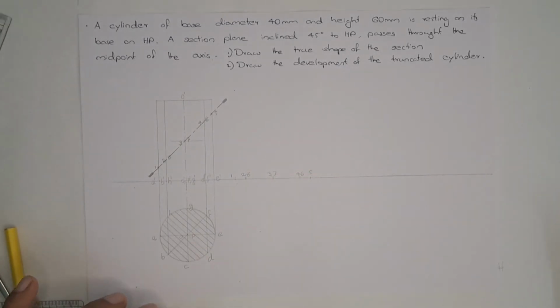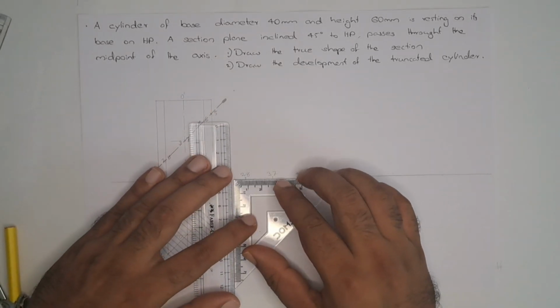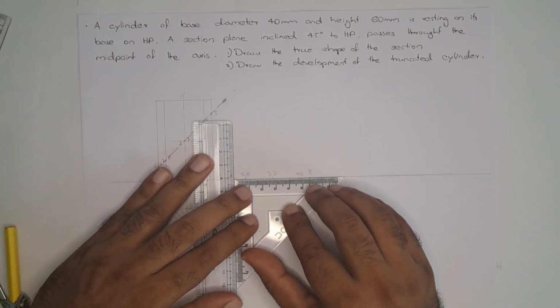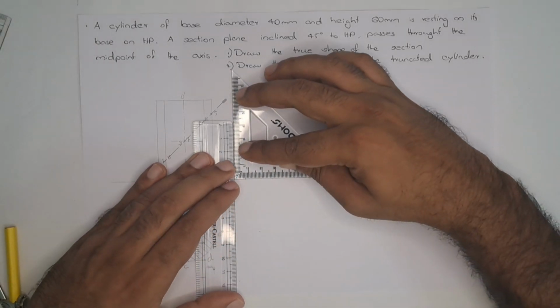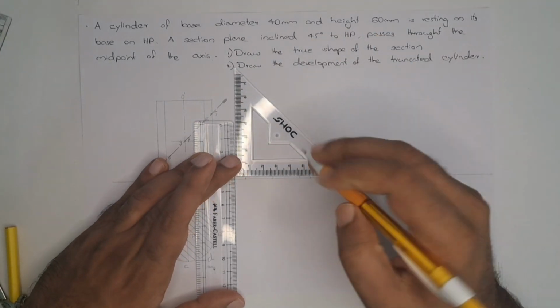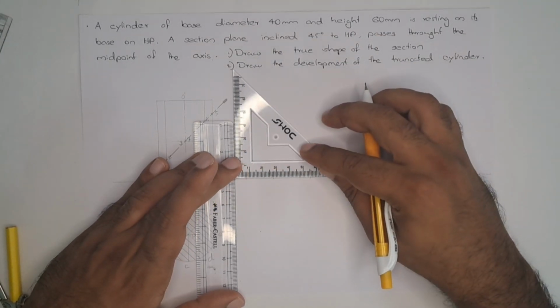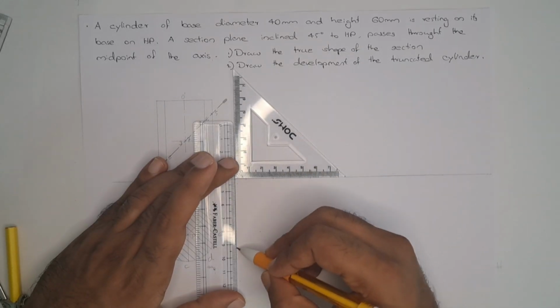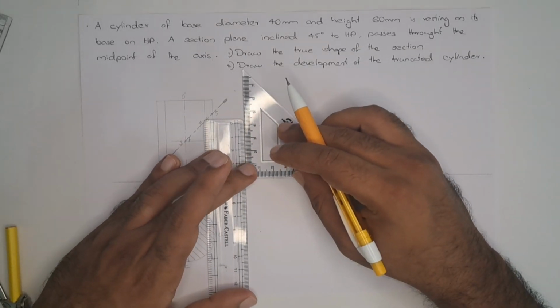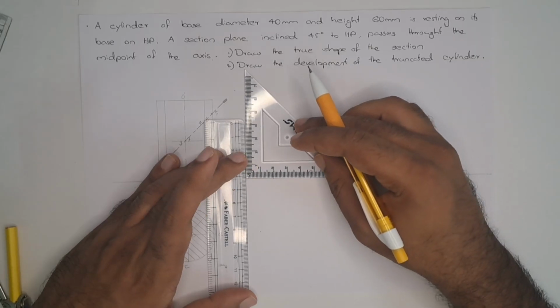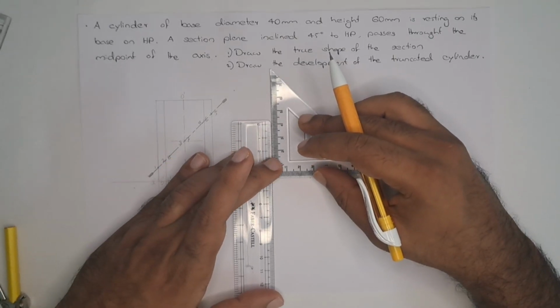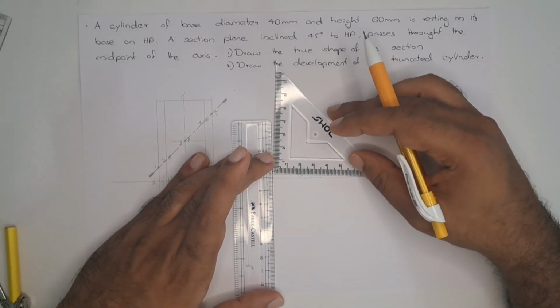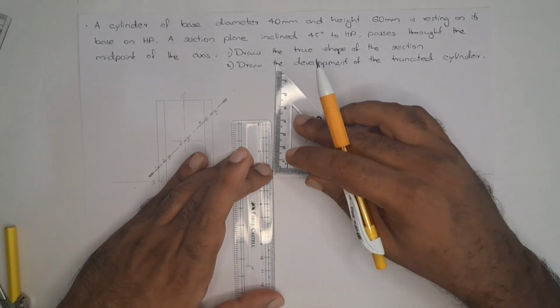Now we have to draw vertical lines. We check the perpendicular, then draw the lines.